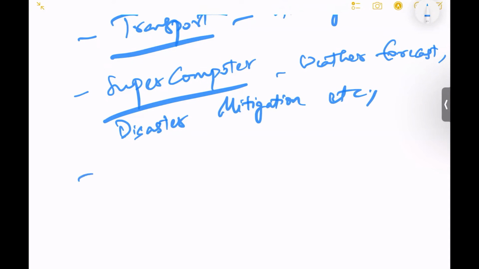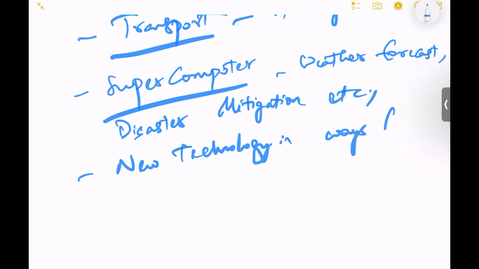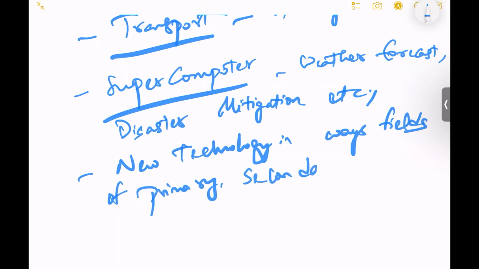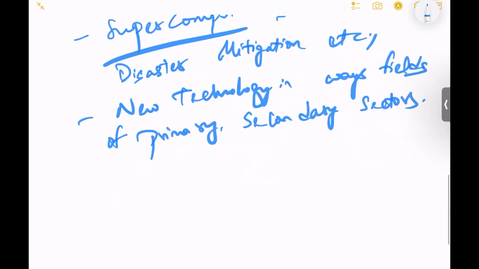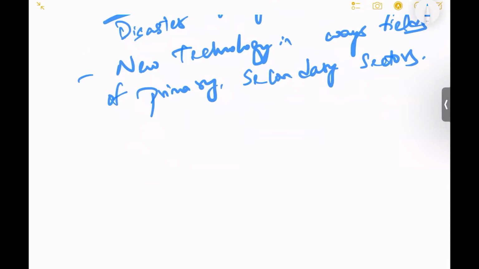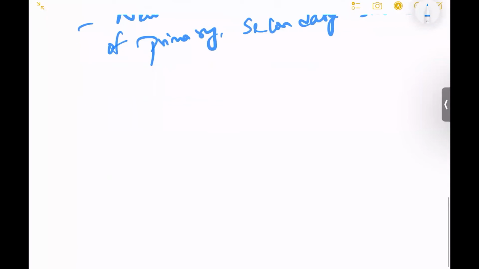And then new technology in various fields, primary, secondary sectors, right? So these are the relationship between globalization and new technology.